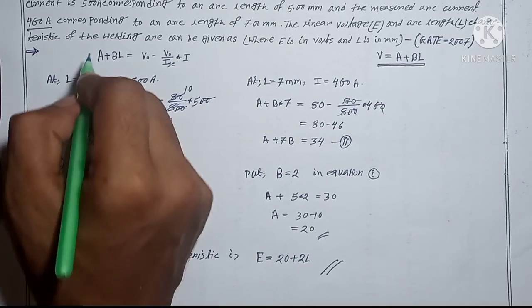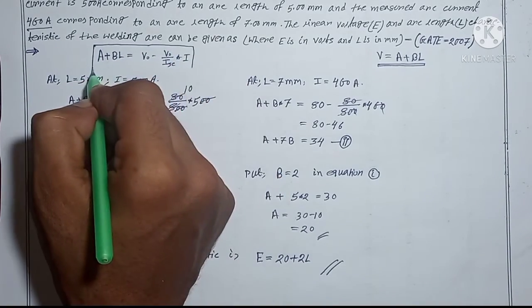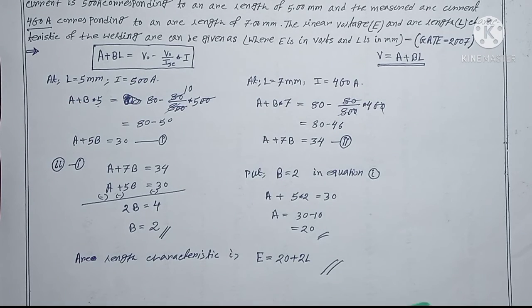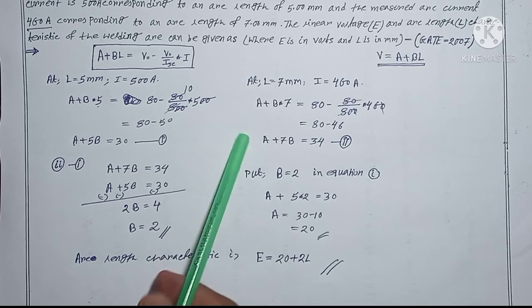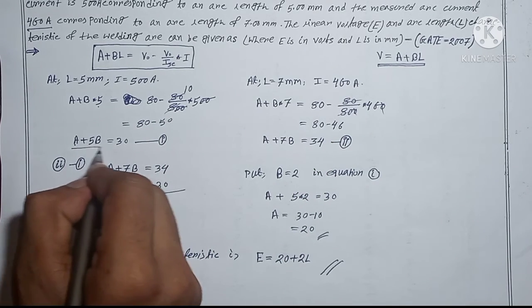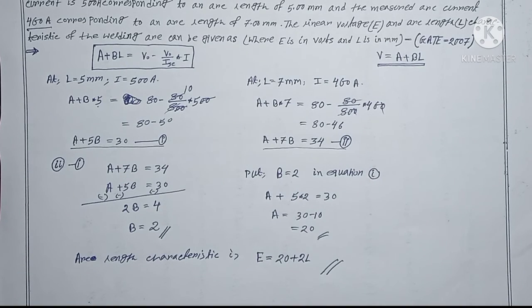First thing, equate the voltage we get from the arc length characteristics and the VI characteristics. Then corresponding to the given arc lengths you have to find two equations. Then after solving these two equations you will get your required value.